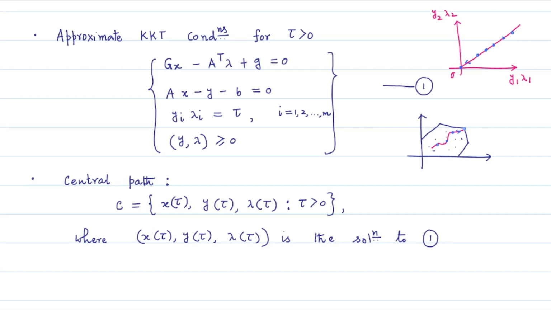That's why this trajectory, consisting of the points x tau, y tau, lambda tau inside this set C, is called the central path, because this is the path which is leading us to a KKT solution.